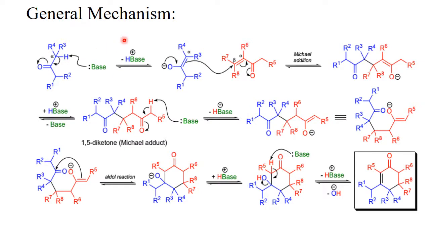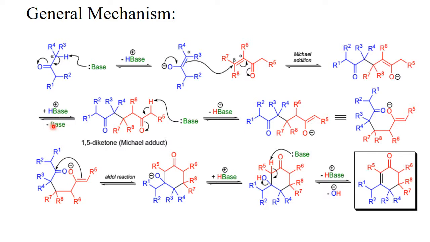General mechanism of Robinson annulation reaction. We can say mechanism of Robinson annulation on a single page. One of the reactants of Robinson annulation reaction is a ketone. It is converted to enolate in the presence of base. Base abstracts the alpha proton and the resulting enolate is in equilibrium with its unenolized form.